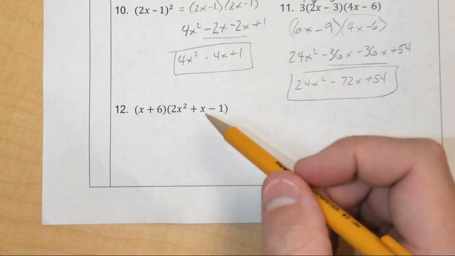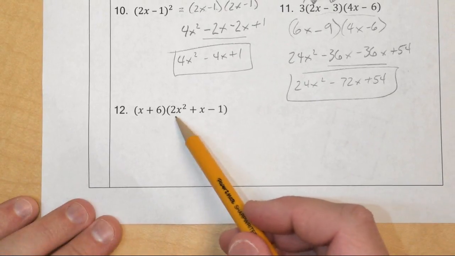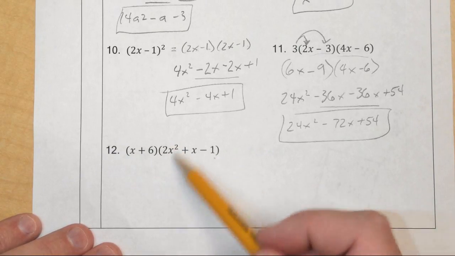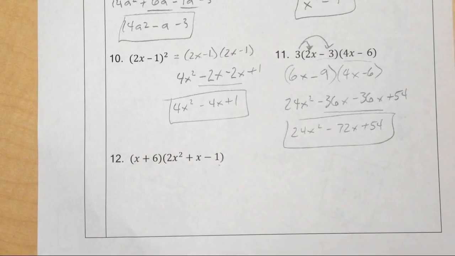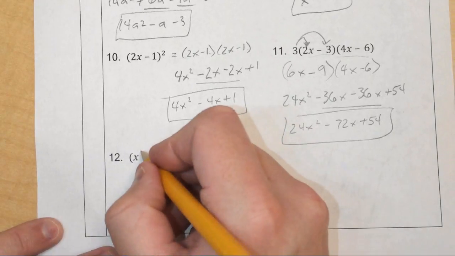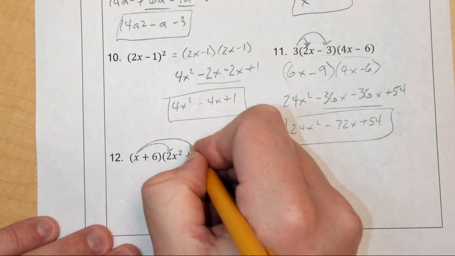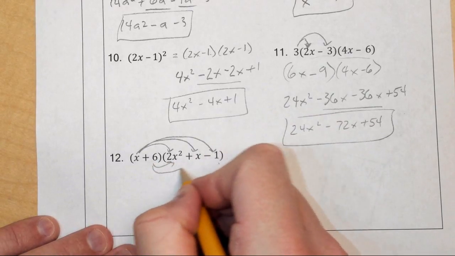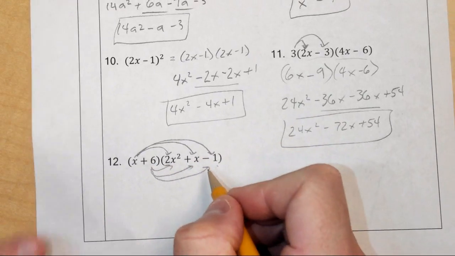So the FOIL method doesn't quite work on this because this is a trinomial. I can't do first, outside, inside, last because there's an additional term here. So this is where I like to call this a double distribute, where I'm going to distribute the first term into all three terms, and then I'm going to distribute again the second term into all three terms.